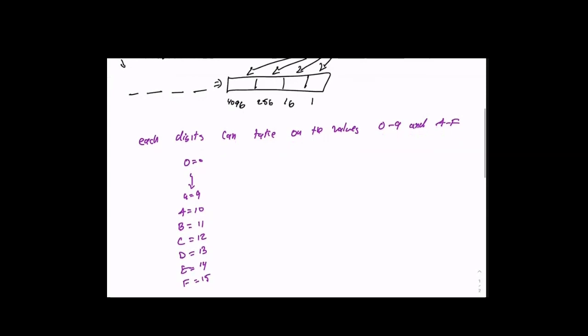We can only really have a single symbol to represent each one, but because the values go up, we use the letters. So now this is widely used. The letters A through F actually represent the values of 10 through 15.